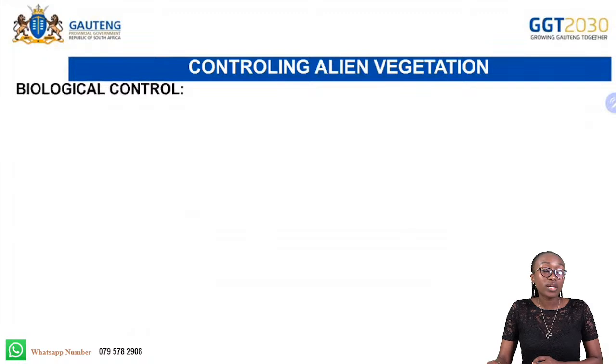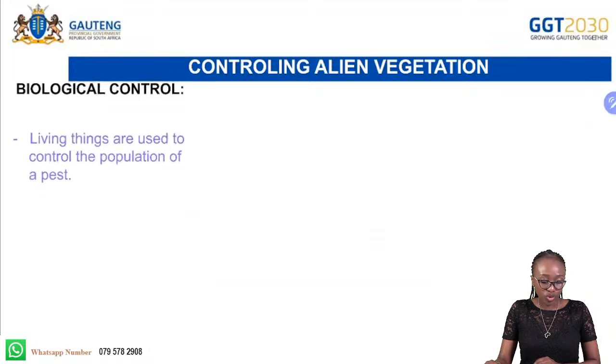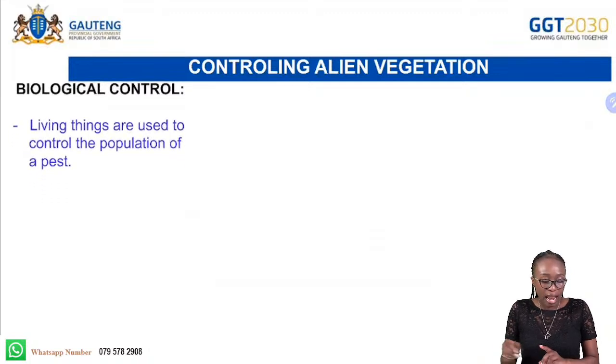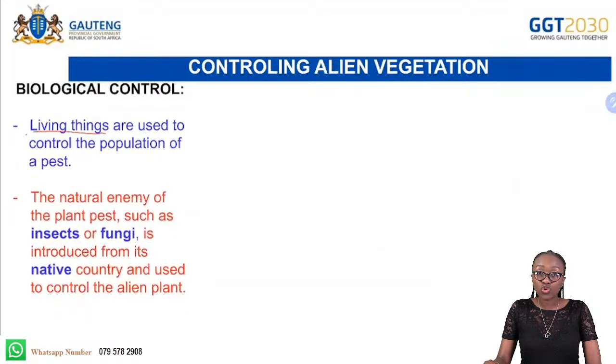The first one is called biological control. This is when living things are used to control the population of the pest. So what farmers or scientists do is they look for the natural enemy of that alien plant, introduce it to the same area, and use it to control the population of the alien plant.